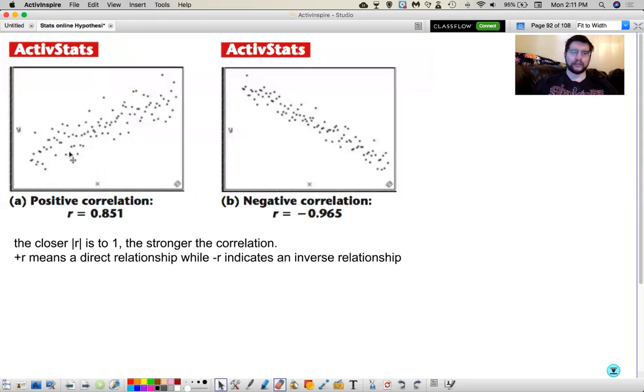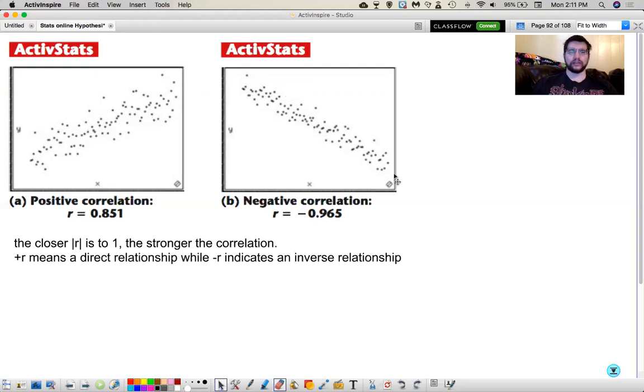So imagine, here's a scatter plot of X and Y data, whatever it may be. We're going to see if these X values are kind of related to these Y values in some way. And if you look at it, you can see it goes in a line. It's not so random. It's got a line going through it. The exactness of that line, how well it forms a line, that's what R measures.